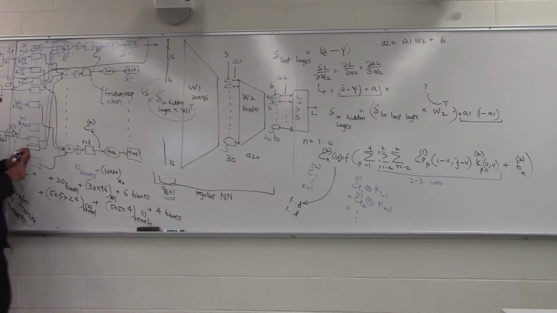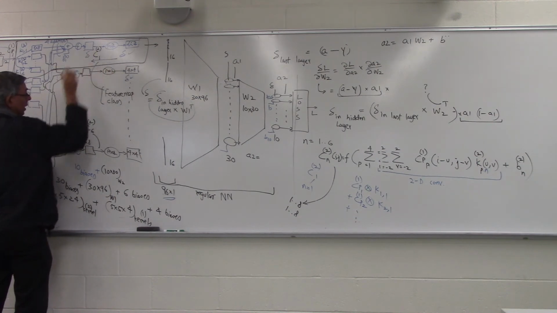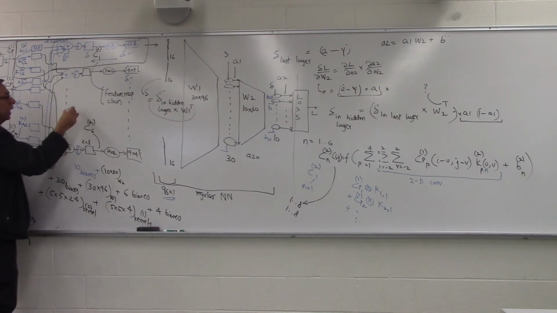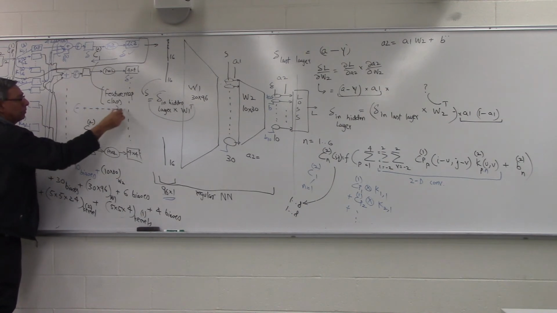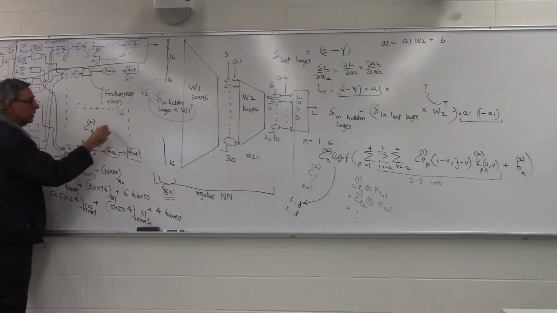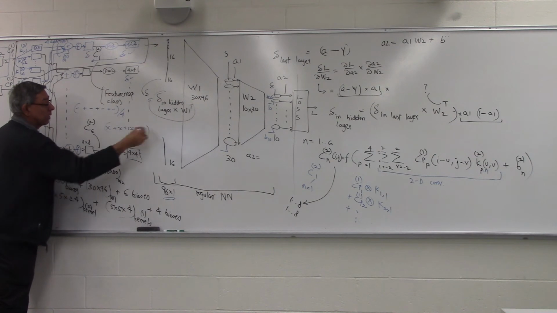Okay, now let's go backwards. How is this delta related to this delta? See, here we were doing pooling, right? For example, once we do average pooling, we basically take four values, add them up, and divide by 4, right? So think of it as if we did x plus x plus x plus x divided by 4.